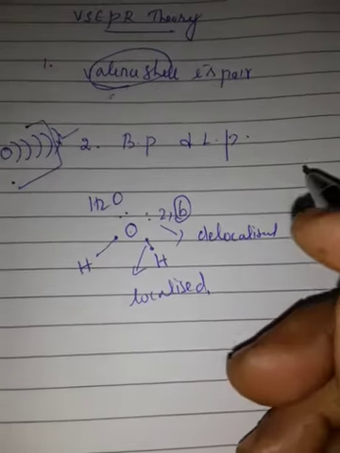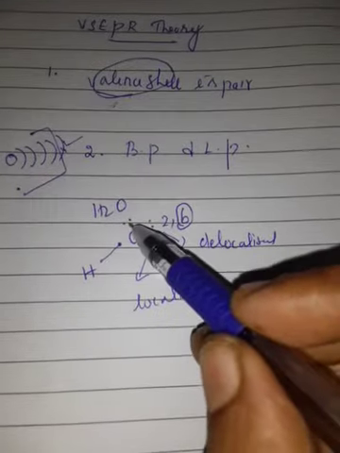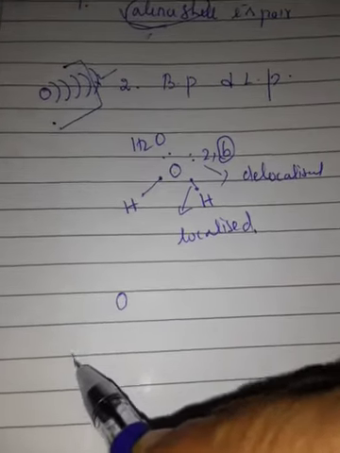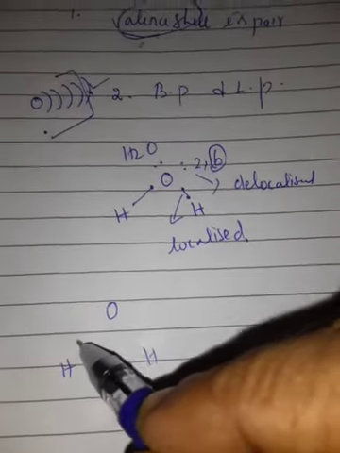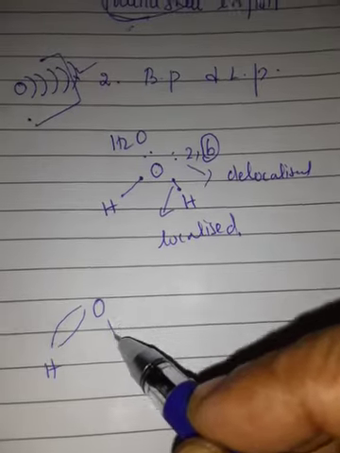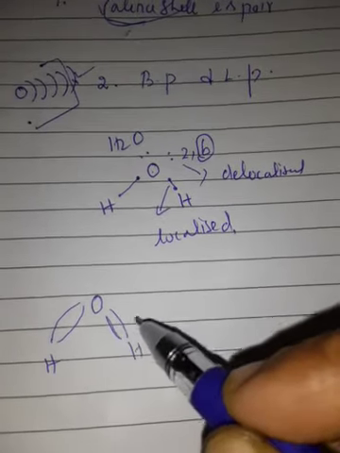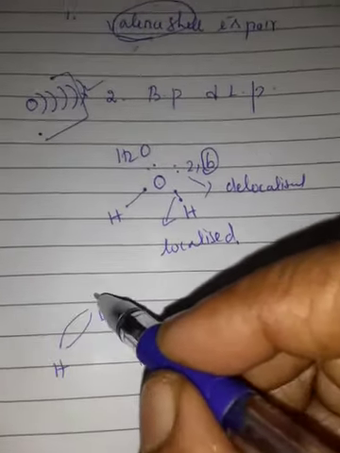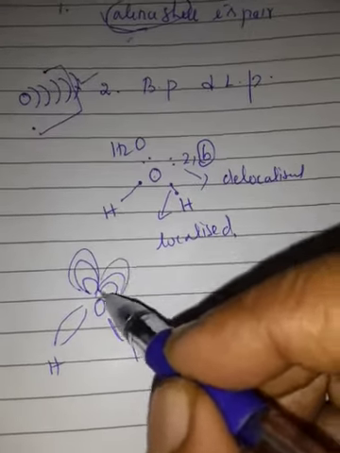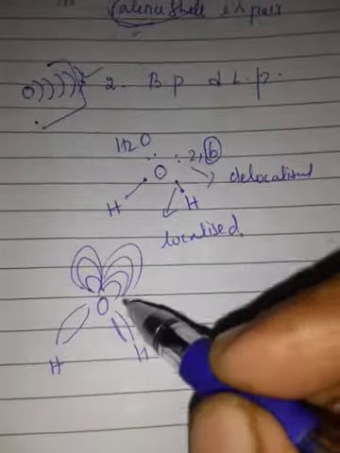For example, in oxygen with hydrogen, hydrogen, the electron cloud of the bond pair stays like this and the shape won't change, but a lone pair expands like this. That expansion is called delocalized.